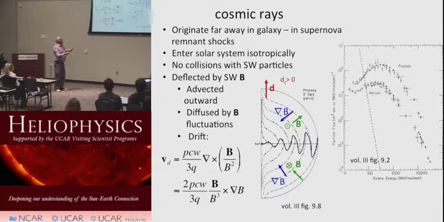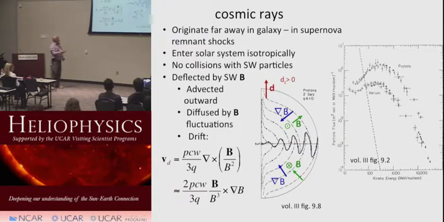So if I work this out, I get B out of the board, grad B, and I get drifts that carry these particles, they have positive sign, towards the equator, and these also towards the equator. So in both hemispheres, these cosmic rays are being driven towards the equator.